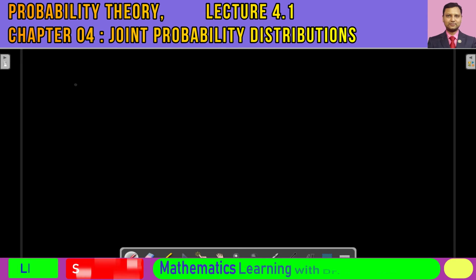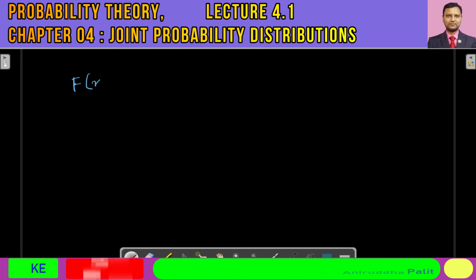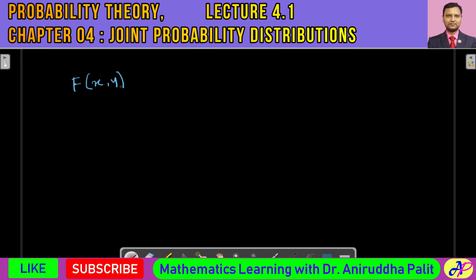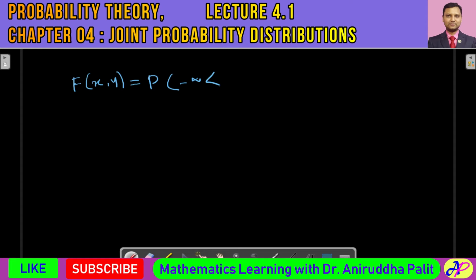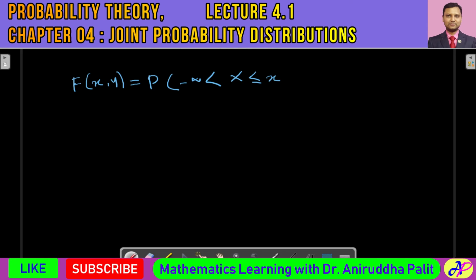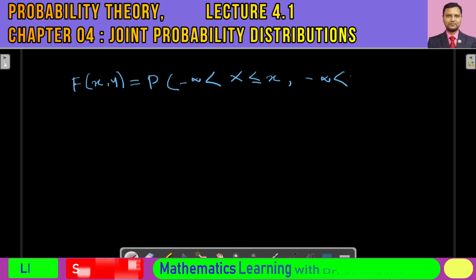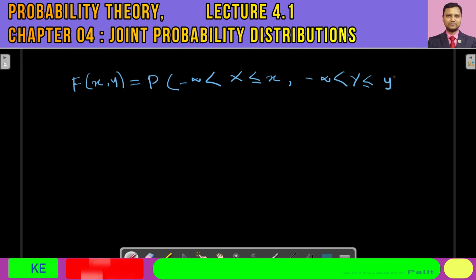That's why in the result we have this type of definition: f of x comma y is equal to probability that minus infinity less than capital X less than or equal to small x, and minus infinity less than capital Y less than or equal to small y.